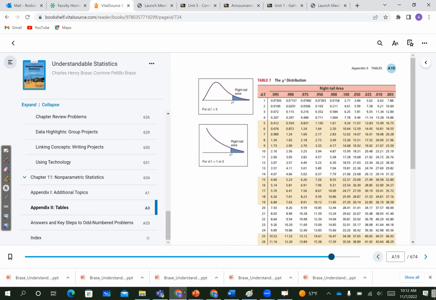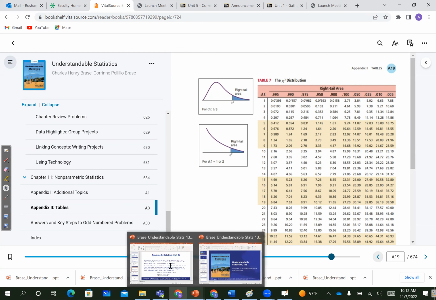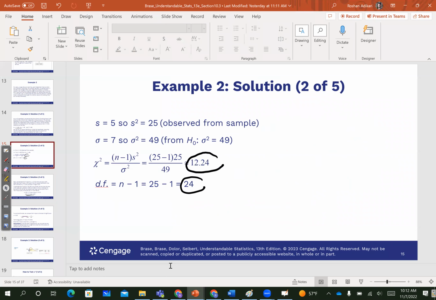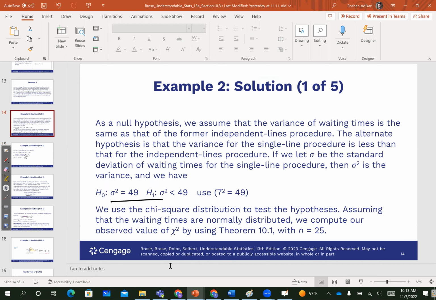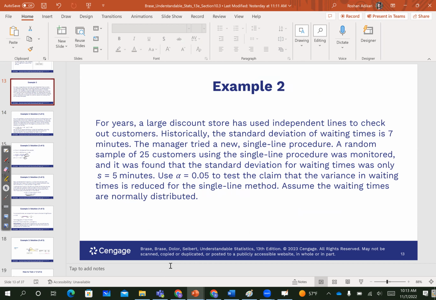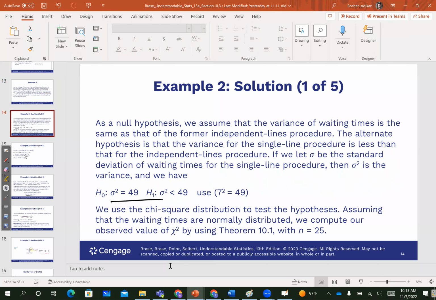I forgot that. 12.24 and 24. So DF, degree of freedom, is 24 and 12.24. And also something to note here in this example, let me see here.